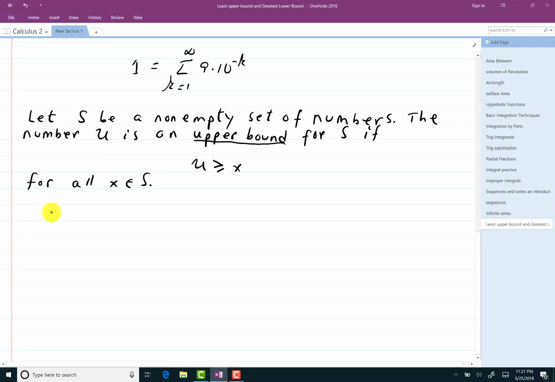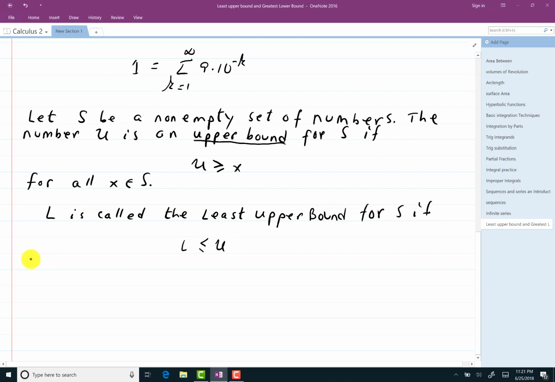Then L is called the least upper bound for S if L is less than or equal to U for every upper bound U.